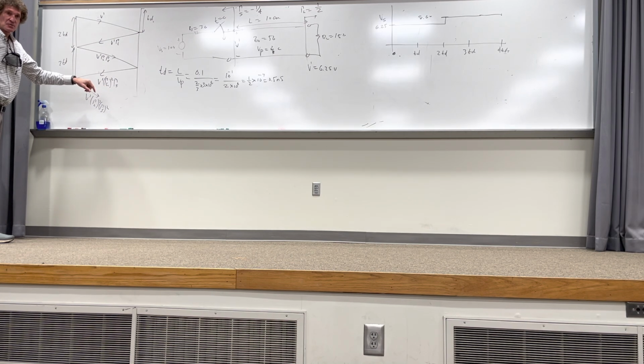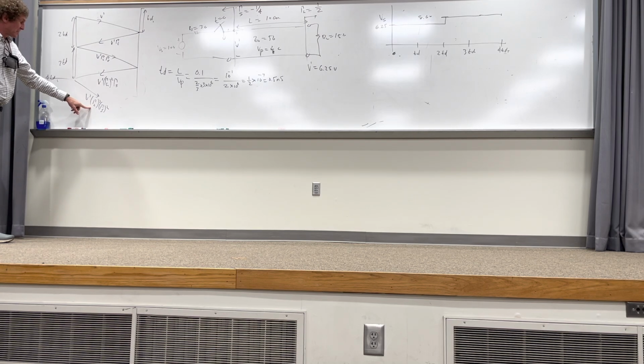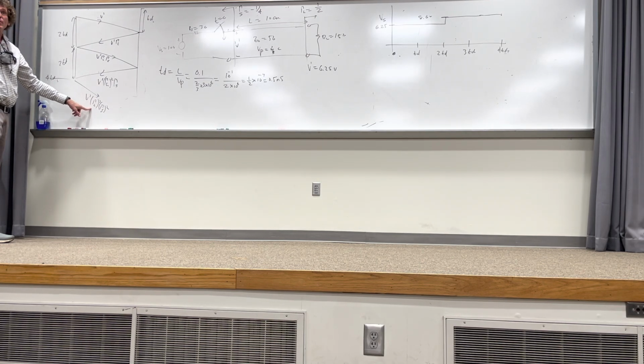Times gamma S, which is minus 1/4. So it's minus 1/16 here, times V prime. And here it's going to be what? 1/4 squared is 1/16, and so what is that? My gosh, 1/48.